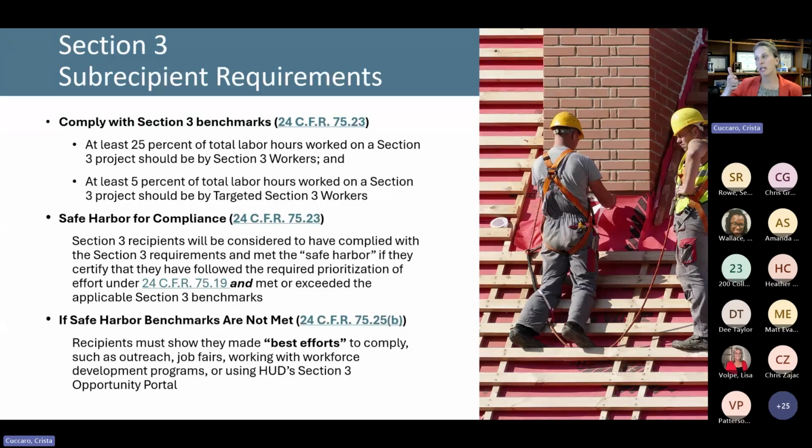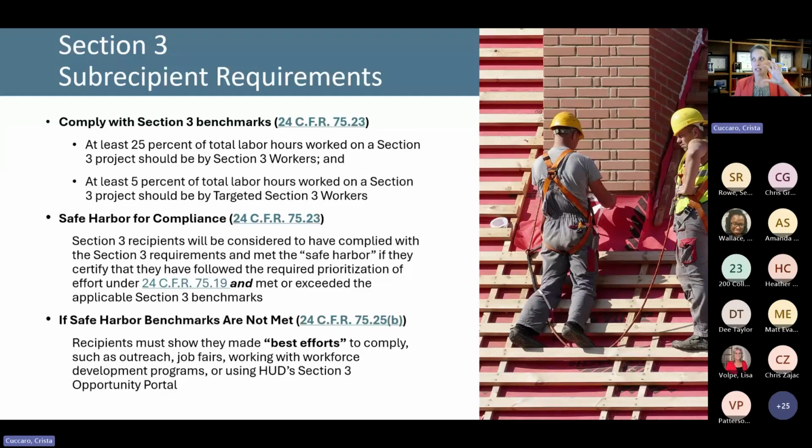These benchmarks relate to what is known as the safe harbor for compliance under Section 3. What this safe harbor means is that if you've met these benchmarks and you have followed the required prioritization under 24 CFR 75.19, so taken certain actions, then you will have been deemed to be in compliance.